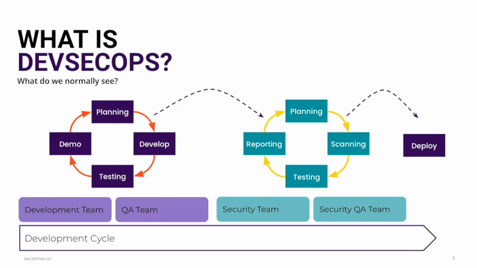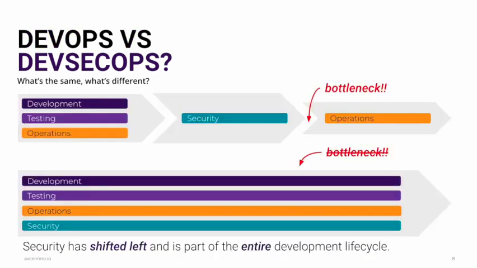Now, if you look at this, everybody's working to get these things accomplished. The thing is, if you look, it goes from one team to the security team, and then it gets deployed. And what really tends to happen there? What tends to actually happen is we see a bottleneck. Right? Development, testing, operations, then it goes to security and it goes back to operations. Applications can only move, they can only be deployed as fast as security can get through things.